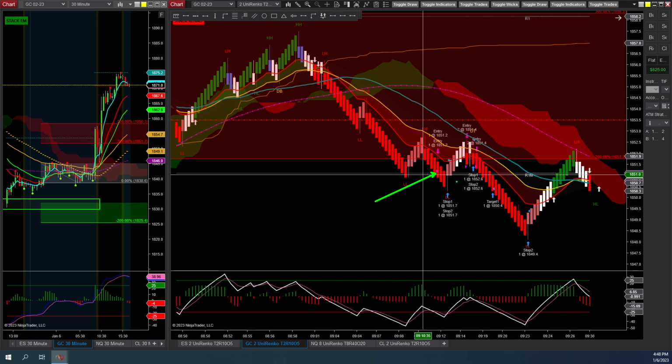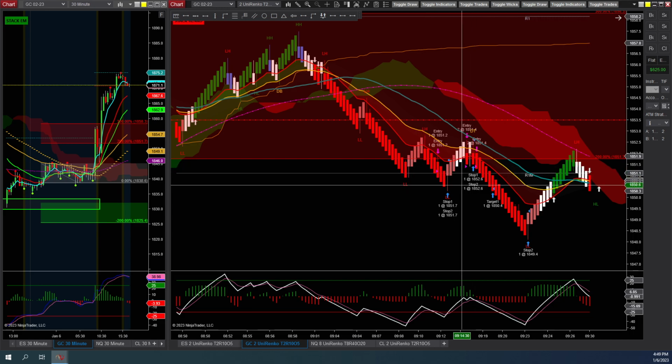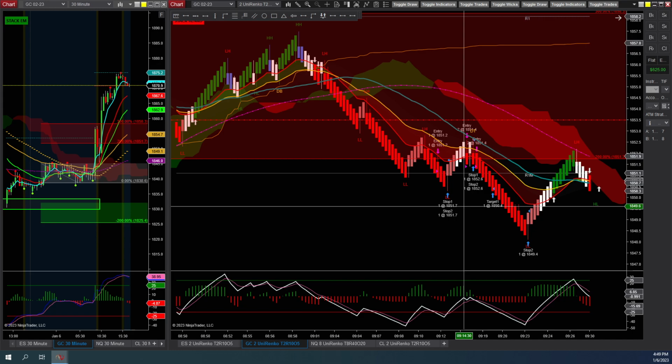So that is a $50 per contract loss. I had two contracts, so that is a $100 loss. And then I saw this wick again, and now we are in congestion. So we do have that area of compression here. I anticipated the move, and I entered the trade right in this candle when it was breaking.